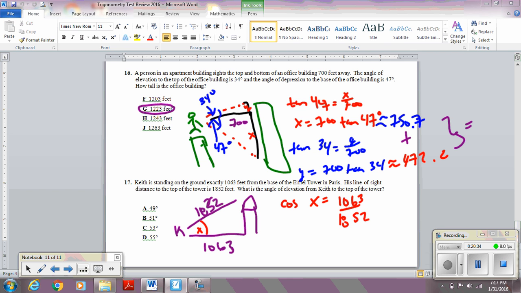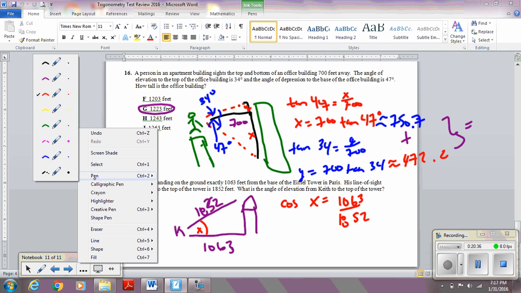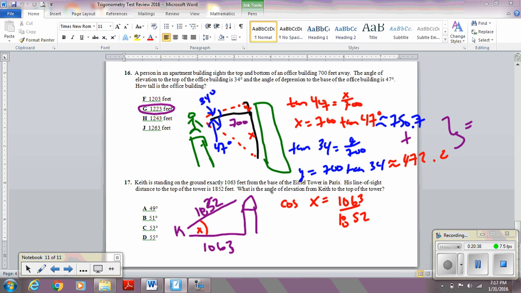And again, since we're looking for the angle, we have to use inverse of cosine to both sides to get x by itself. So x is equal to the cosine inverse of 1063 over 1852.